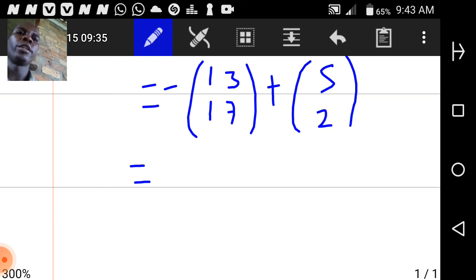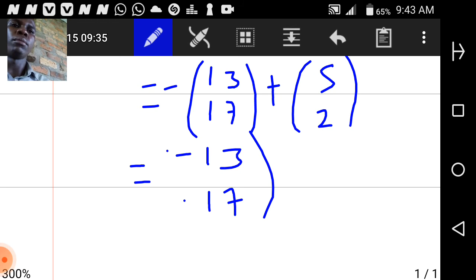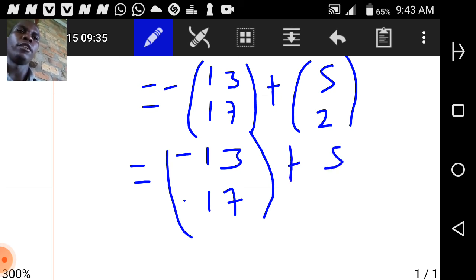Since this negative is outside the brackets, it is a scalar, and a scalar multiplies everything in the bracket, so it is negative (13, 17) plus (5, 2).